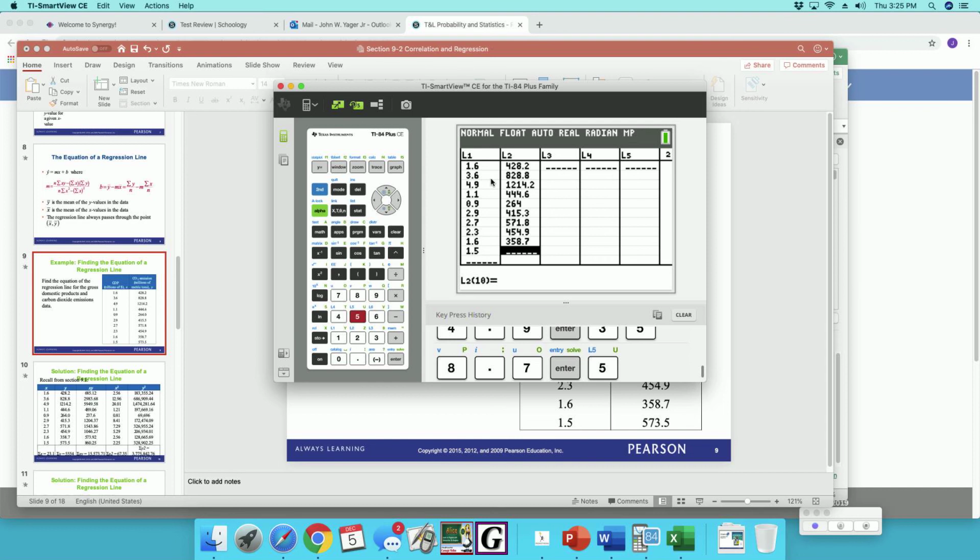And 573.5, enter. For every x, you have to have a y value.